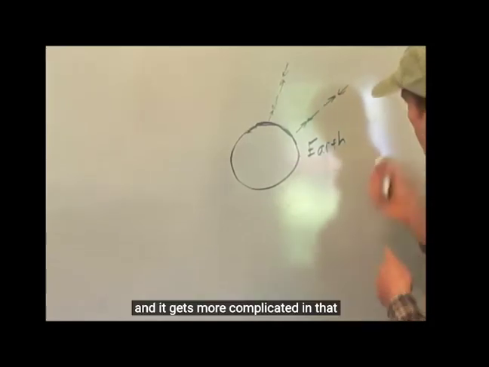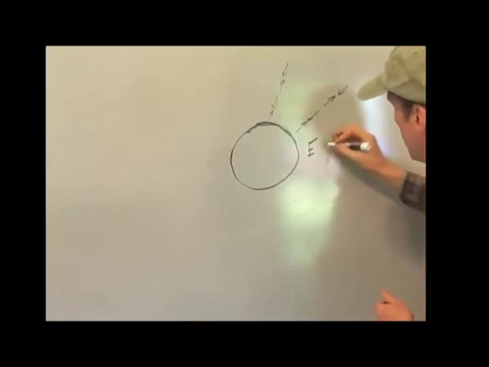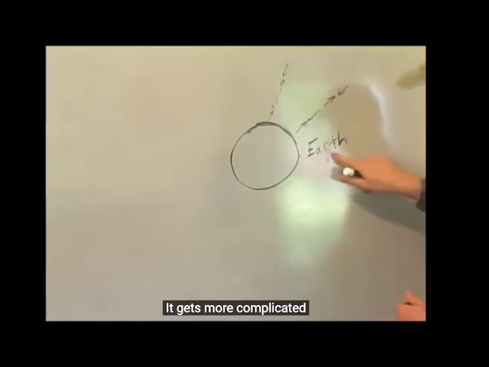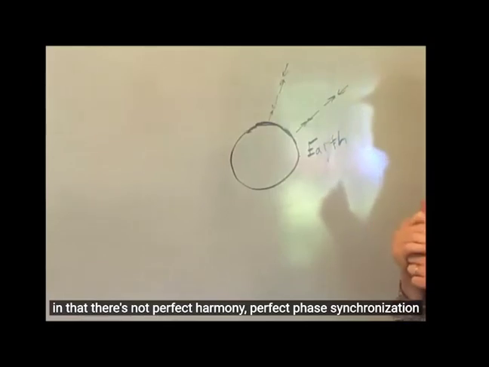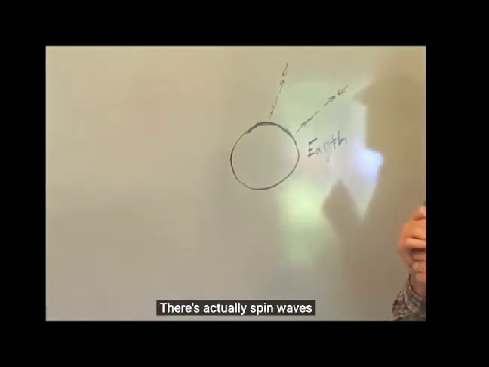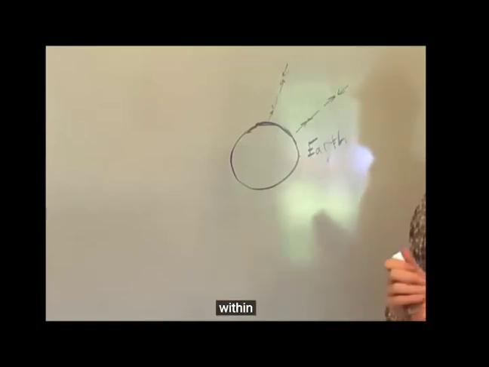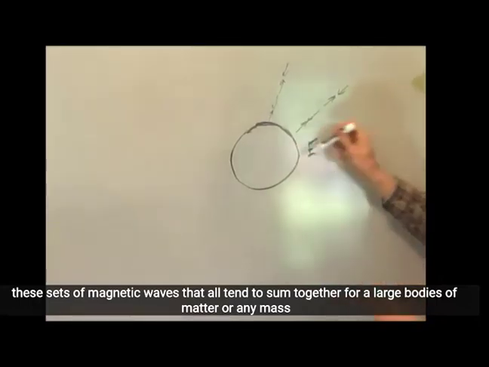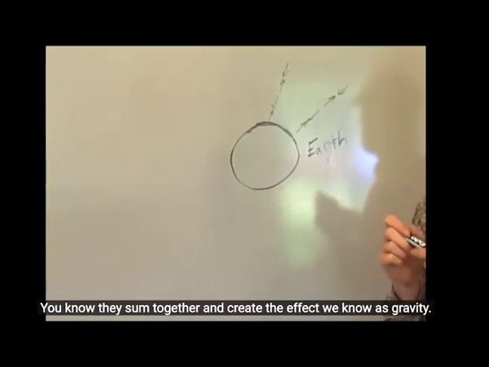And it gets more complicated in that there's not perfect harmony, perfect phase synchronization. There's actually spin waves. It's kind of like thermal noise within these sets of magnetic waves that all tend to sum together for large bodies of matter, or any mass. They sum together and create the effect we know as gravity.